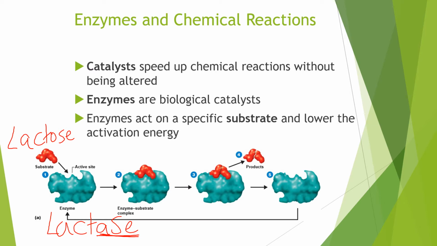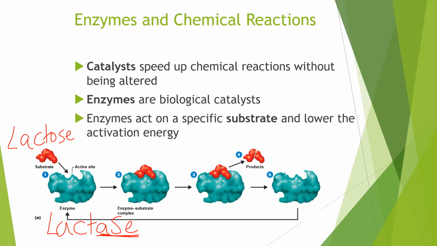Now, individuals that are lactose intolerant, what happens is those individuals do not produce enough lactase, or they don't produce lactase in the first place, and so the lactose is not going to be broken down because they're missing that enzyme, or they're not producing enough of it.